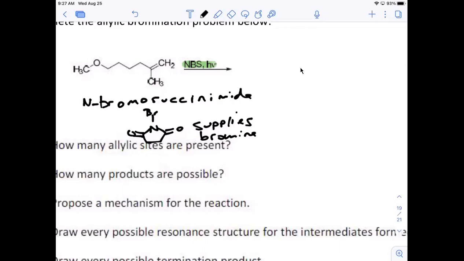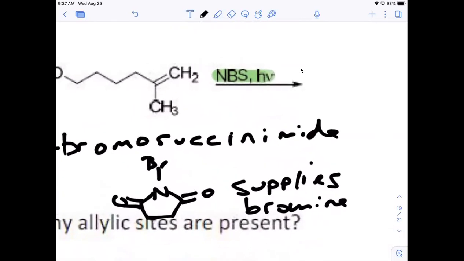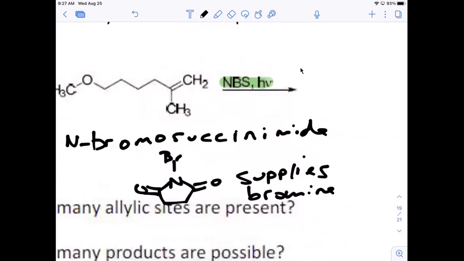Now, here's the question. For this molecule, where are my allylic sites? Again, allylic means adjacent to an alkene. So where are my allylic sites here? The CH3. Good, right here. And where else? And then the bond, like, to the left of that.